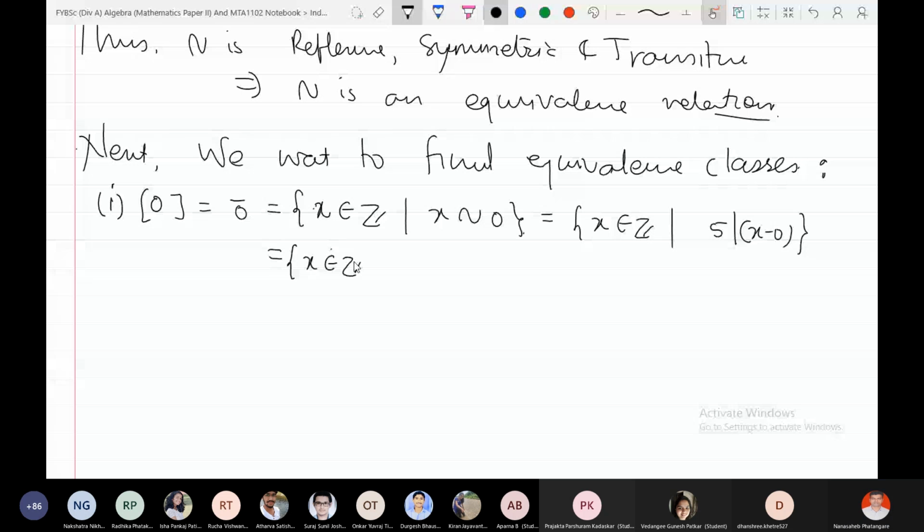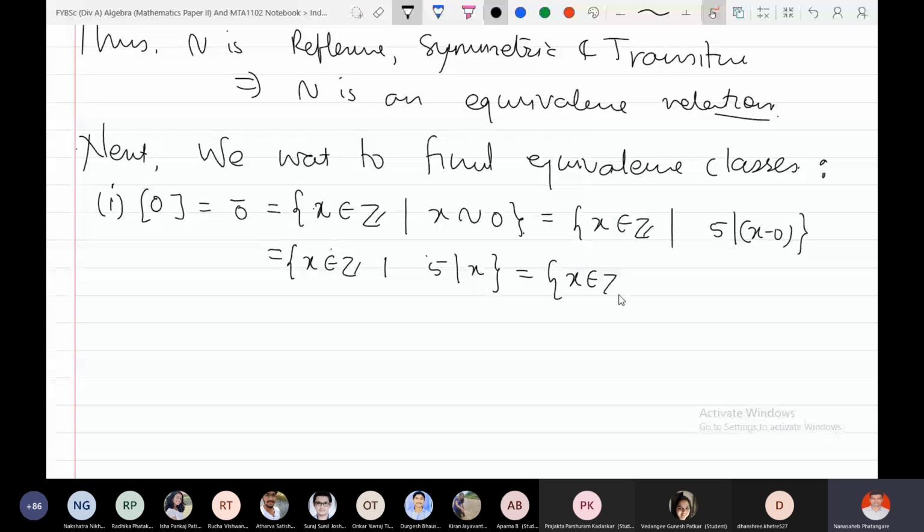That means we want to investigate those integers for which 5 divides x. So 5 divides x means what? x is a multiple of 5. So is it clear?